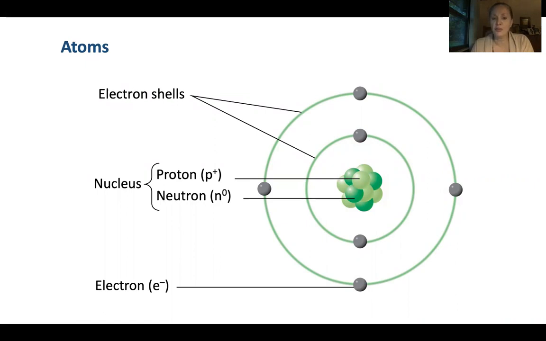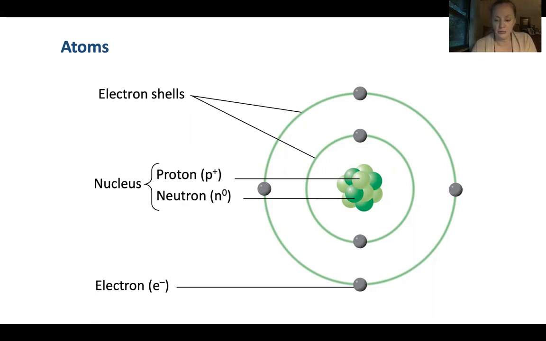Surrounding it, first, we have one electron shell or orbital, which is the 2s orbital, if we're getting technical. And that contains 2 electrons, which is then filled. We then go to the next outermost electron shell, and here we see that we have 4 electrons in that shell.